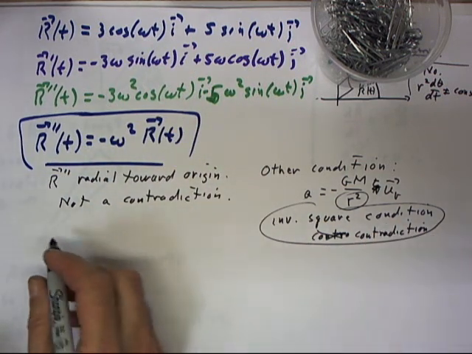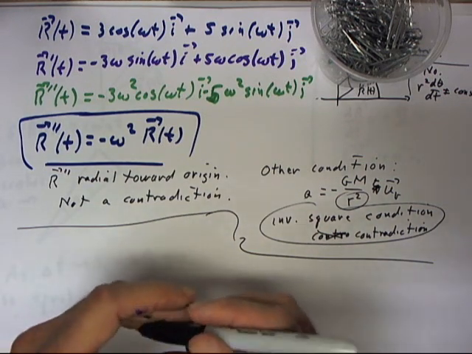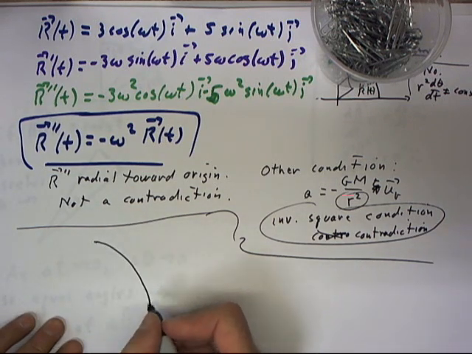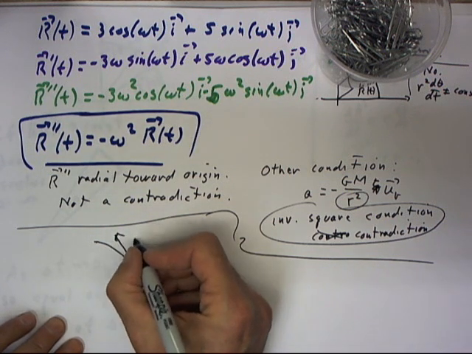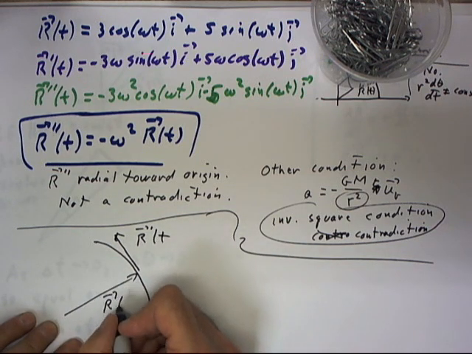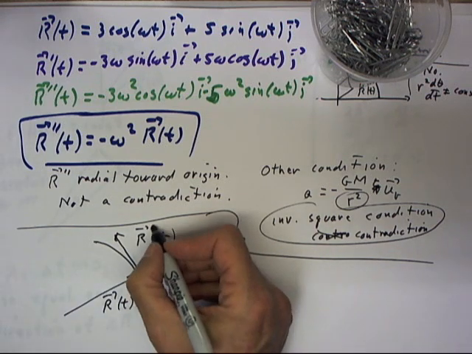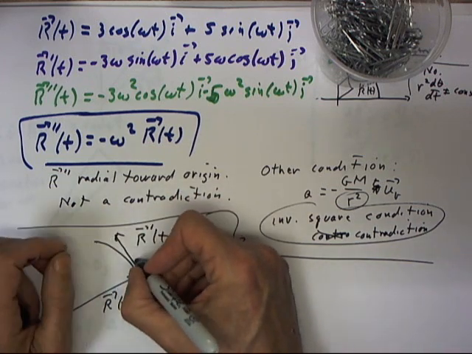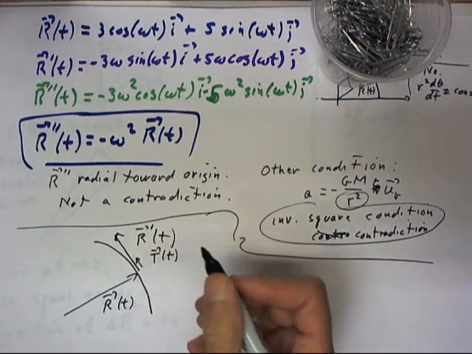But for now we're going to leave that, and we're simply going to move on to the idea of a unit tangent and a unit normal vector. Here we have the path, here we have the derivative, and if we take a unit vector in the direction of this derivative, that's what we're going to call our unit tangent vector, T of t.